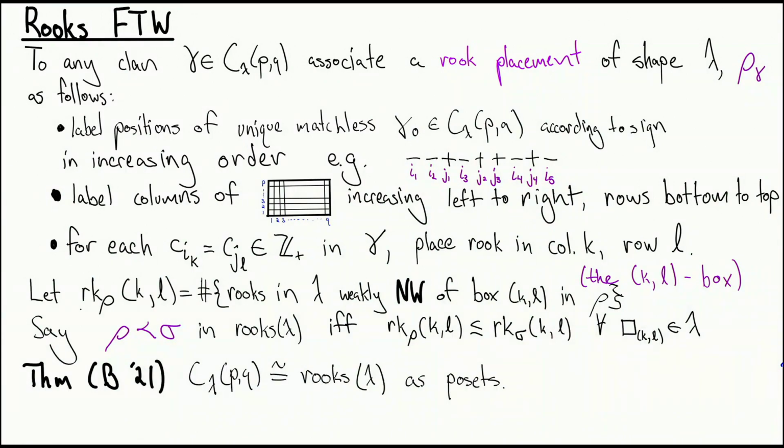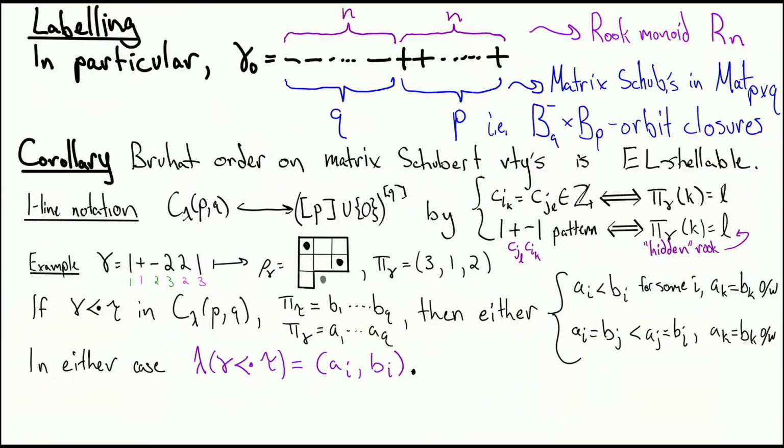And you put a poset structure on the rooks in this board shape by saying that they satisfy a collection of rank conditions, northwest rank conditions, if you like. And it works out that the Bruhat order on the symmetric space, if you restrict to a sect, is isomorphic to this poset of rooks with these conditions.